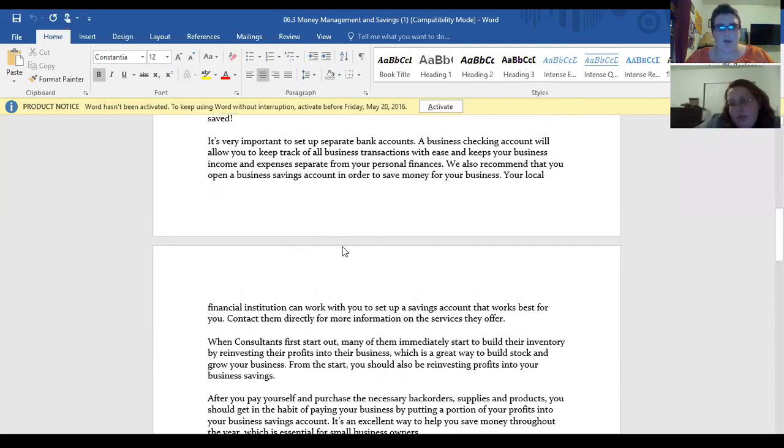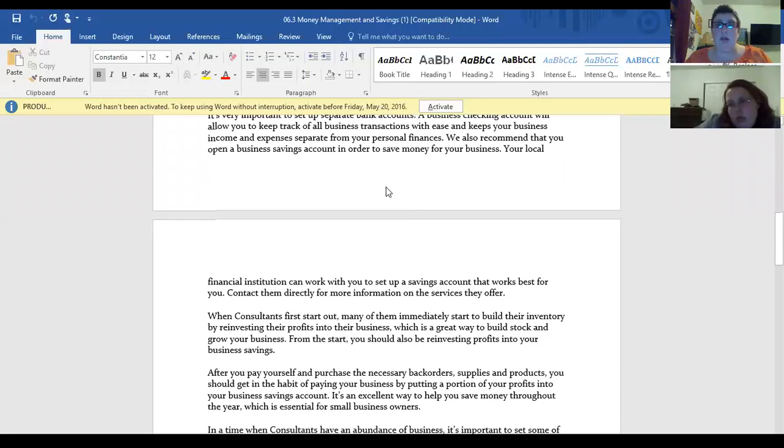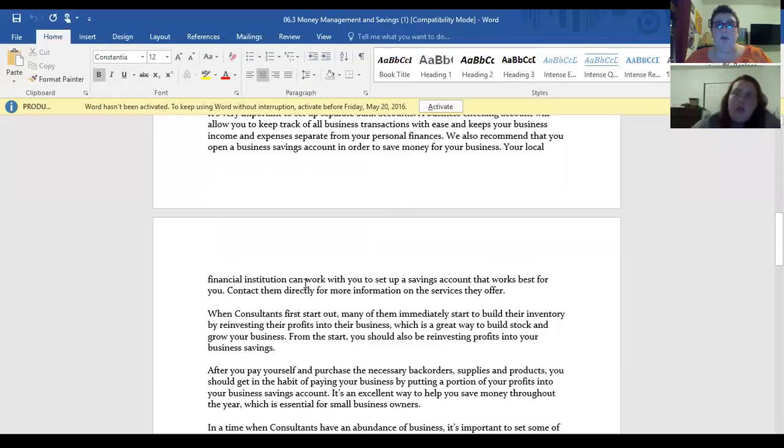It's very important to set up a separate bank account. A business checking account will allow you to keep track of all your business. It also helps you keep track of the income that you bring in and the expenses that you take out, and it's not mixed with your personal life. It's always good that once you establish yourself, you open a business account and put money in there so that you can set up a savings account that works best for you.